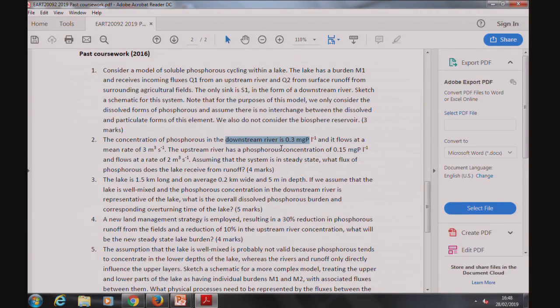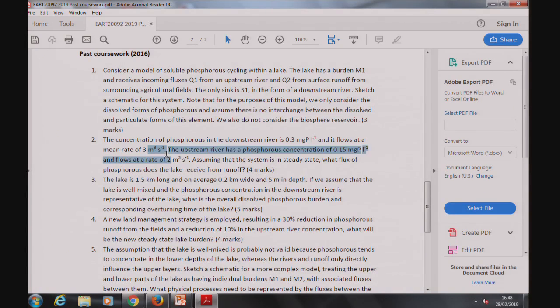And so it says the concentration of phosphorus in the downstream river is 0.3 milligrams of phosphorus per litre of water. And it flows at a mean rate of 3 meters cubed per second.